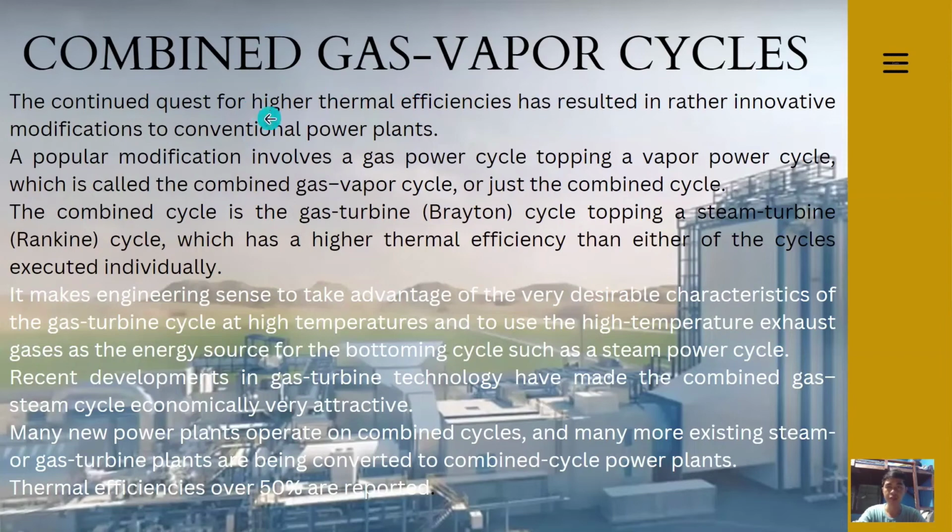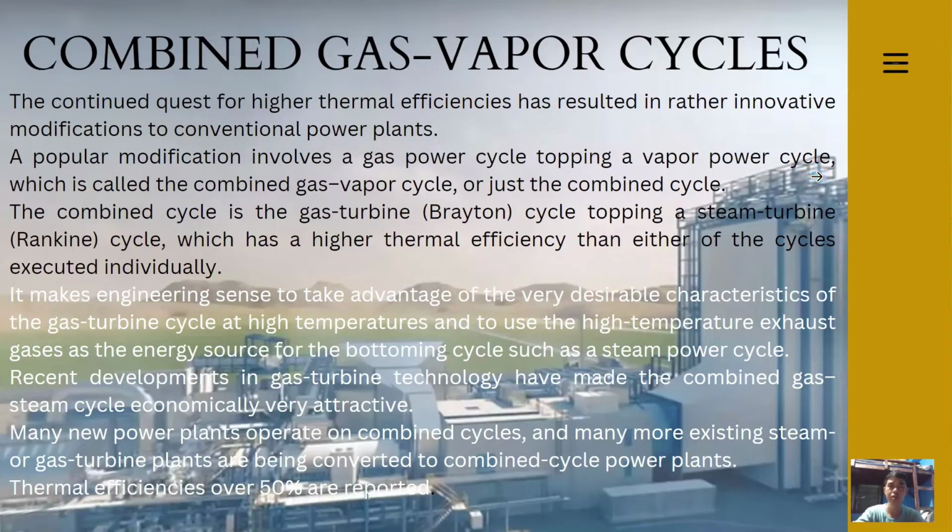Combined gas vapor cycles. The continued quest for higher thermal efficiencies has resulted in rather innovative modifications to the conventional power plants. A popular modification involves a gas power cycle topping a vapor power cycle.